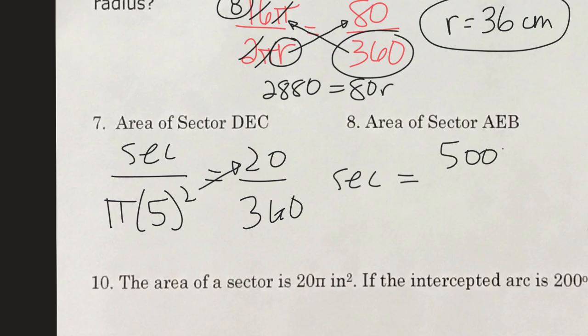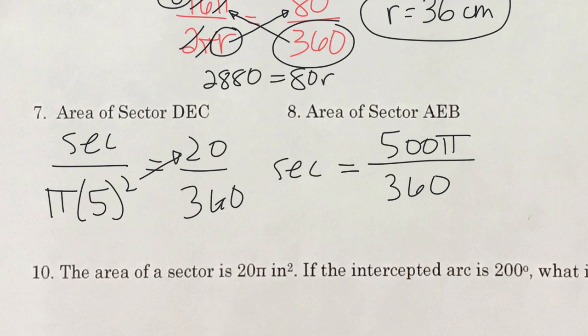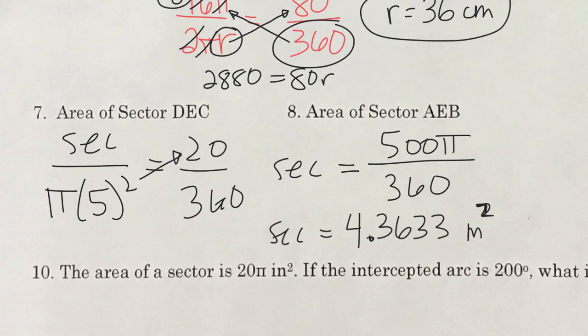That's 500 pi over 360. So 500 times pi divided by 360. If we round that to 4 decimal places, then the sector area is 4.3633, and our units are square meters.